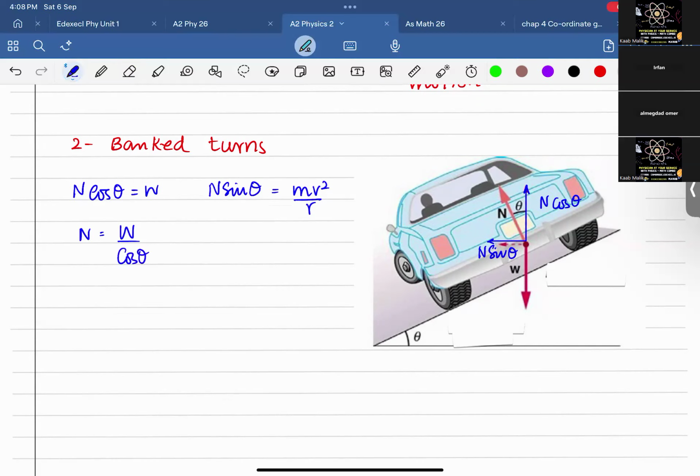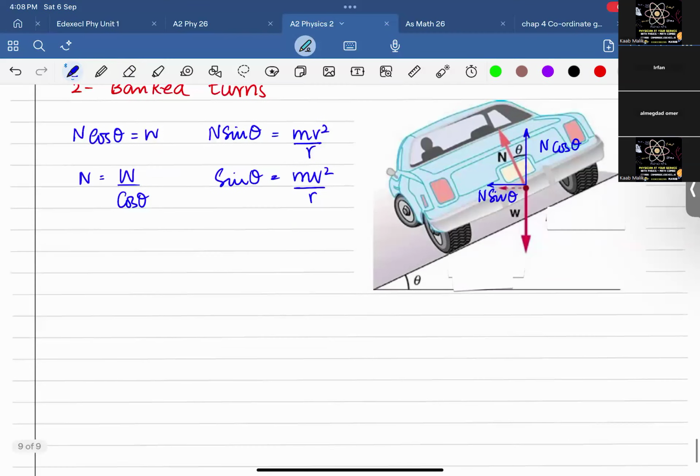So n is W over cos theta, and n is mv square over r sin theta. Sorry, it should be down there, and there should be n right here.